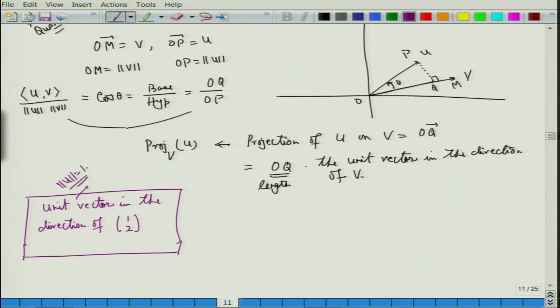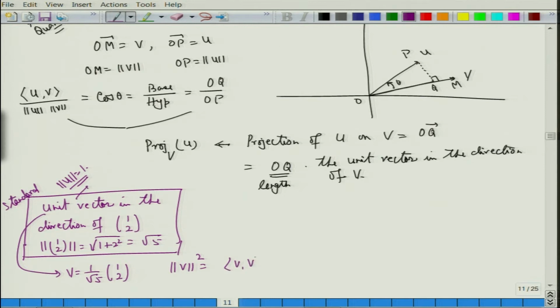Now under the standard inner product, the length of this vector is the square root of 1 plus 4, which is the square root of 5. So if I want a unit vector in this direction, I need to look at 1 upon root 5 into (1, 2). Because if I write this vector as v, then length of v squared is equal to the inner product vv.